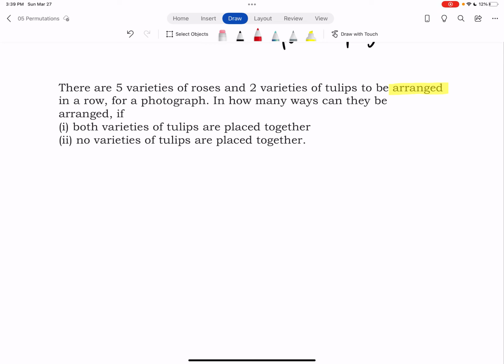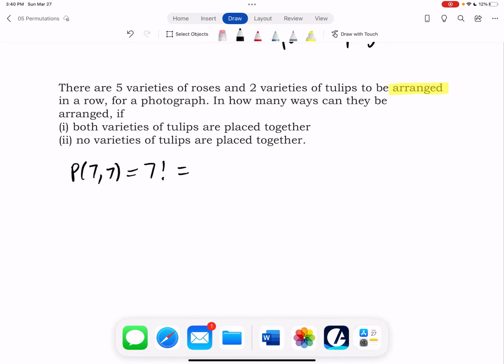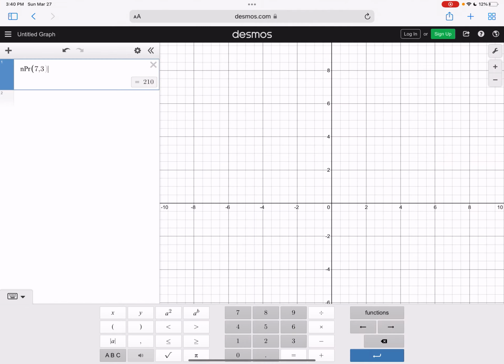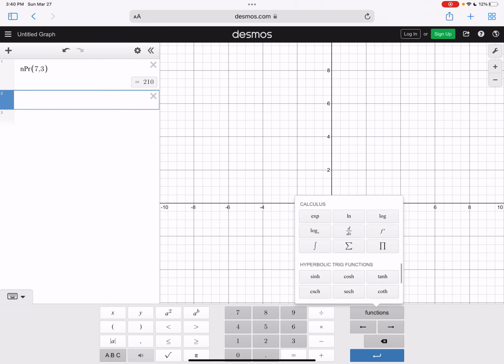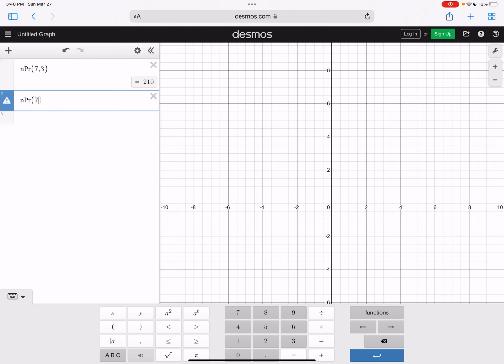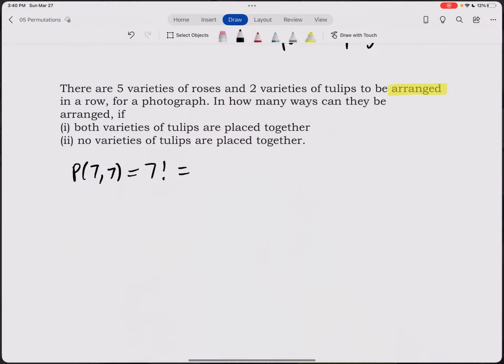So if we find the total number of arrangements, this would be P of 7, 7, which is 7 factorial, 5,040 possible arrangements.